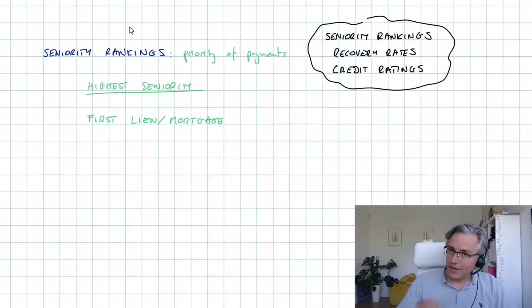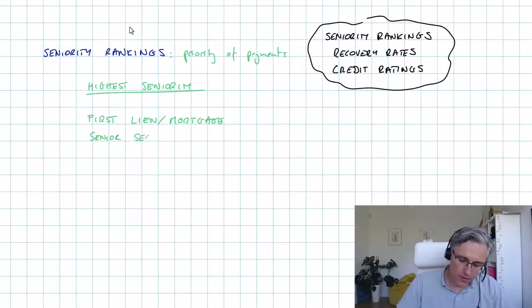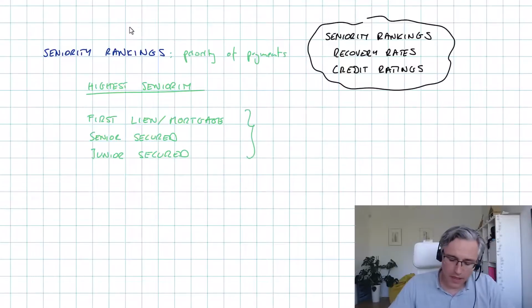The next one in order is what we call senior secured debt, followed by junior secured. And these three rankings all relate to secured debt.